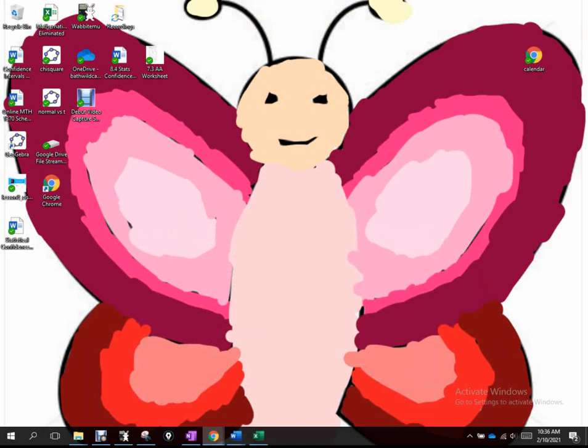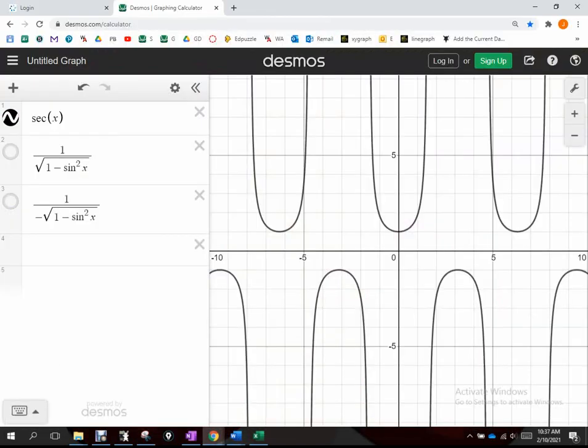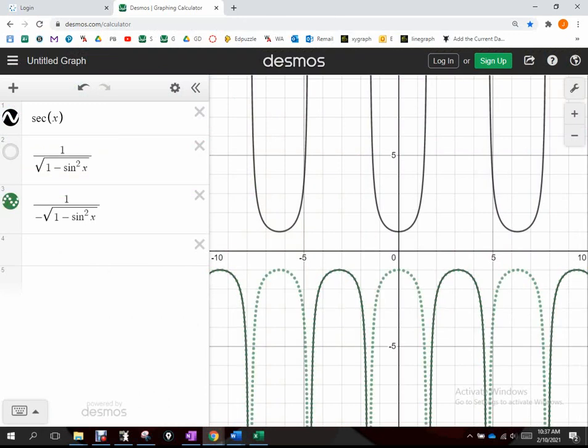Look at the graph then. If I choose the negative version, does the black one and the green one, do they always overlap 100%? No. What quadrant are we interested in, though? Second quadrant. Now the way this is set up, I think I want to do it in radians.